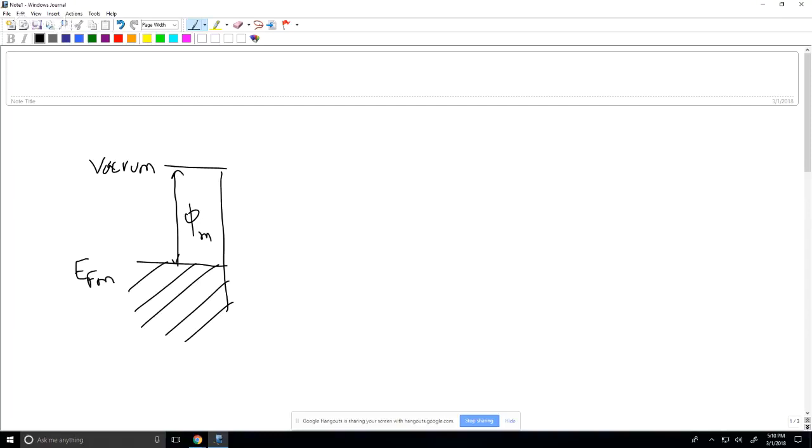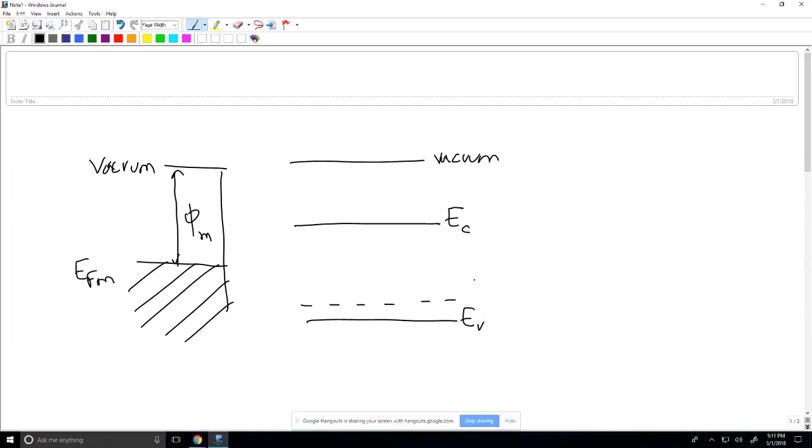So now I have a p-type semiconductor, and of course the way we draw a p-type is by drawing the Fermi level closer to the valence band. So this is my vacuum level, this is EC, this is EV, and here is EFP.